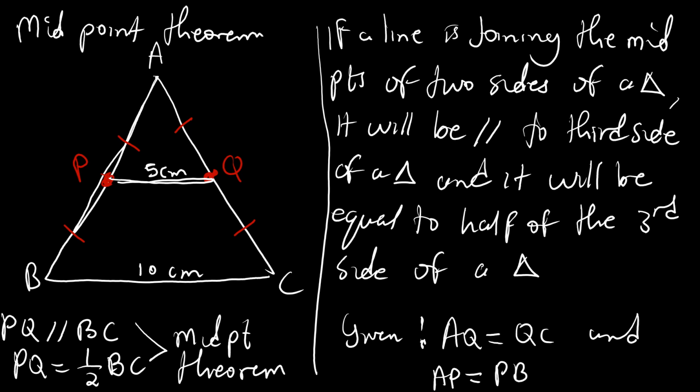Having this information allows us to apply the midpoint theorem: if a line is joining the midpoint of two sides of a triangle, then it will be parallel to the third side, and equal to half of that third side.